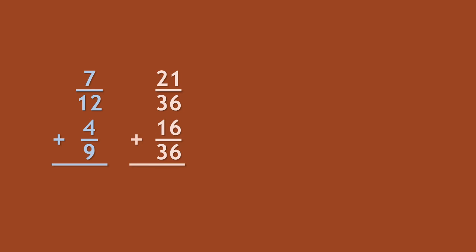So 4 times 4 gives you 16. We're going to add those together. We get 37 over 36. That is an improper fraction that needs to be turned into a mixed number. And so our mixed number would be 1 and 1 over 36.